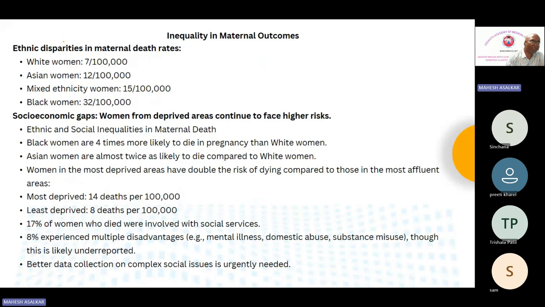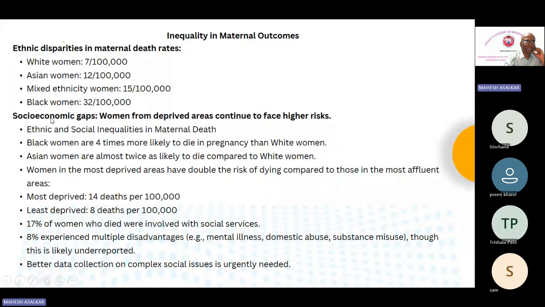White women 7 per 1 lakh, Asian women 12 per 1 lakh, mixed ethnicity 15 per 1 lakh, and black women 32 per 1 lakh. Generally they can ask you about black women because it is highest, and Asian can be asked. Remember the list to the highest: white 7, then Asian 12, mixed 15. So these two are double of this, and this is almost 4 times. Black women will have 32 per 1 lakh.